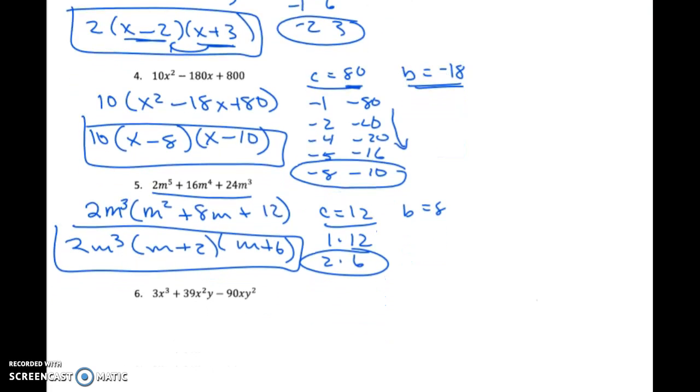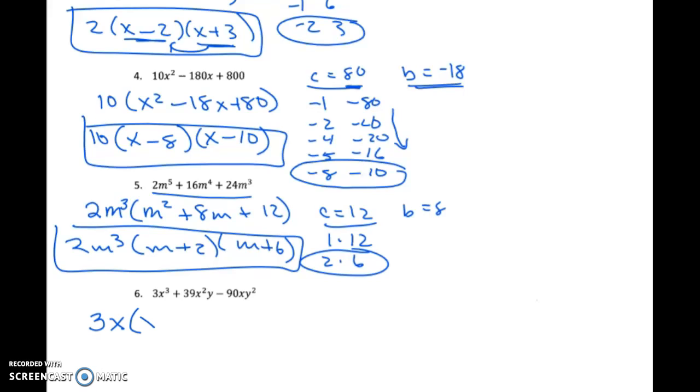Alright, one final problem. Again, this one has a 3 as part of the greatest common factor. I notice each term has an x in it, and the limiting exponent is x to the 1st. And I see some y's, but I notice there's no y's in the first term, so y's can't factor out.